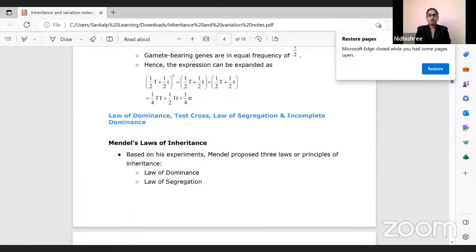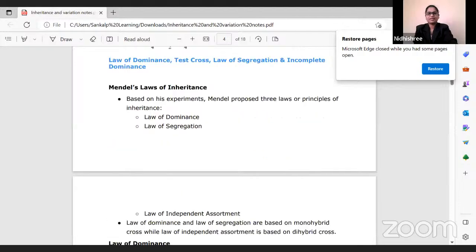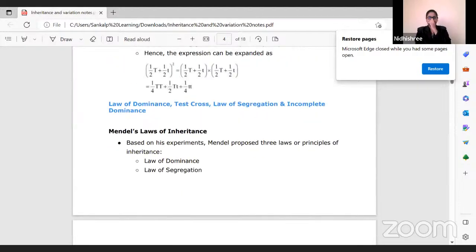Let us focus on certain terminologies again, guys. Please be interactive. Then the next one is law of dominance. Kumar, can you read out the slide, please?